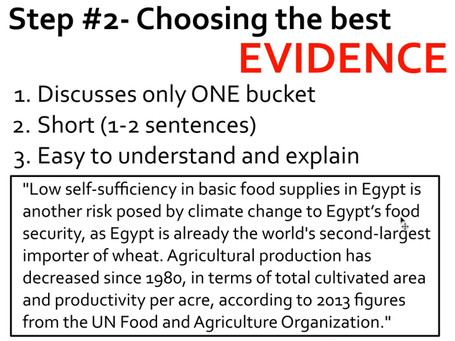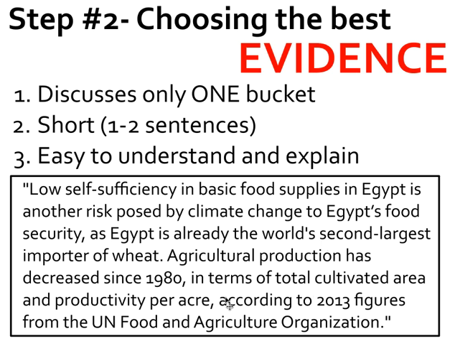So here's an example of a piece of evidence that is too long and is really hard to understand or explain. "Low self-sufficiency in basic food supplies in Egypt is another risk posed by climate change to Egypt's food security, as Egypt is already the world's 2nd largest importer of wheat.